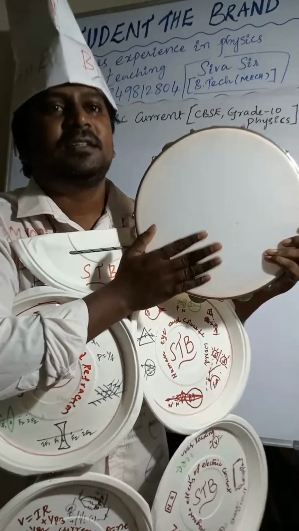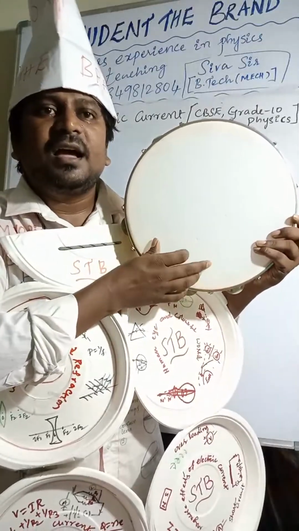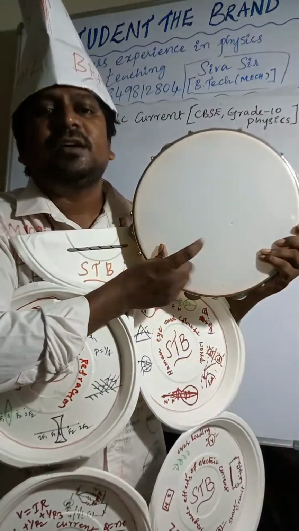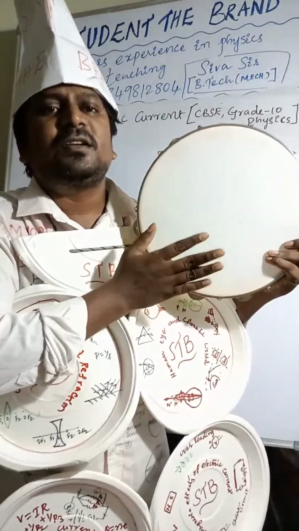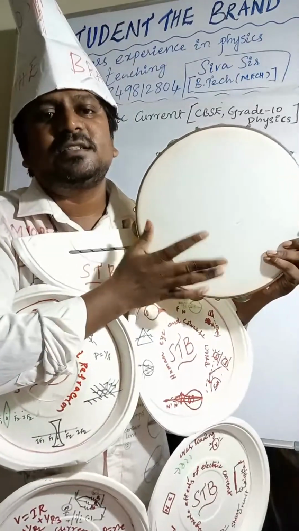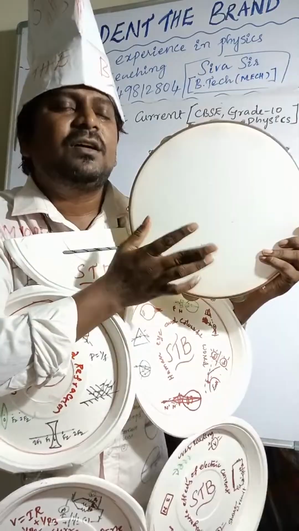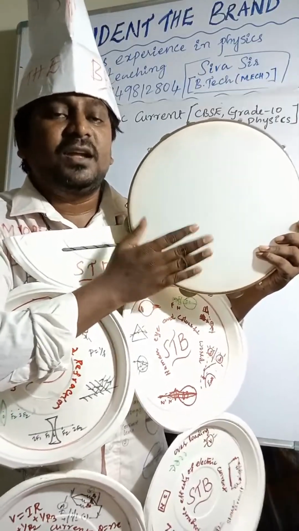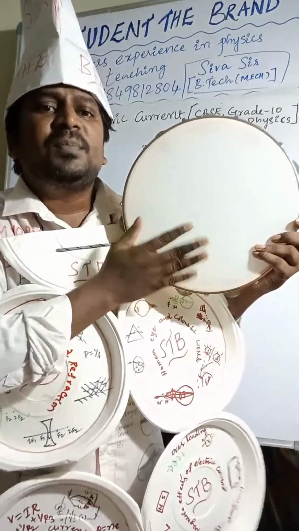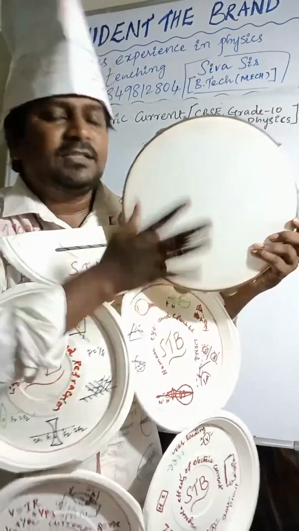For the correction, we are using convex lens, convex lens, convex lens, convex lens. Hypermetropia, hypermetropia, convex lens, convex lens. Hypermetropia, hypermetropia, convex lens, convex lens. Hypermetropia, hypermetropia, convex lens, convex lens. Hypermetropia, convex lens, hypermetropia, convex lens.